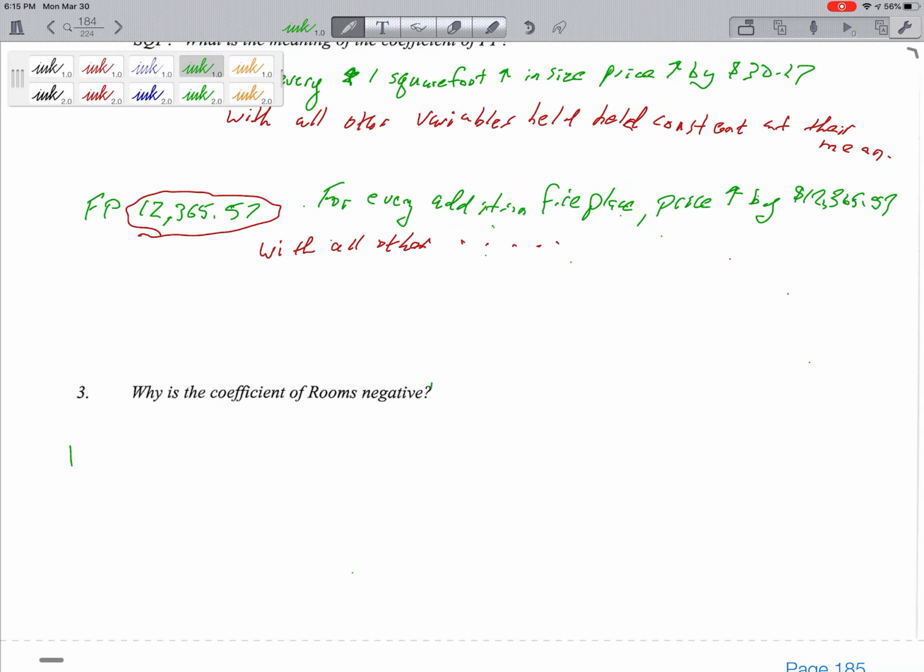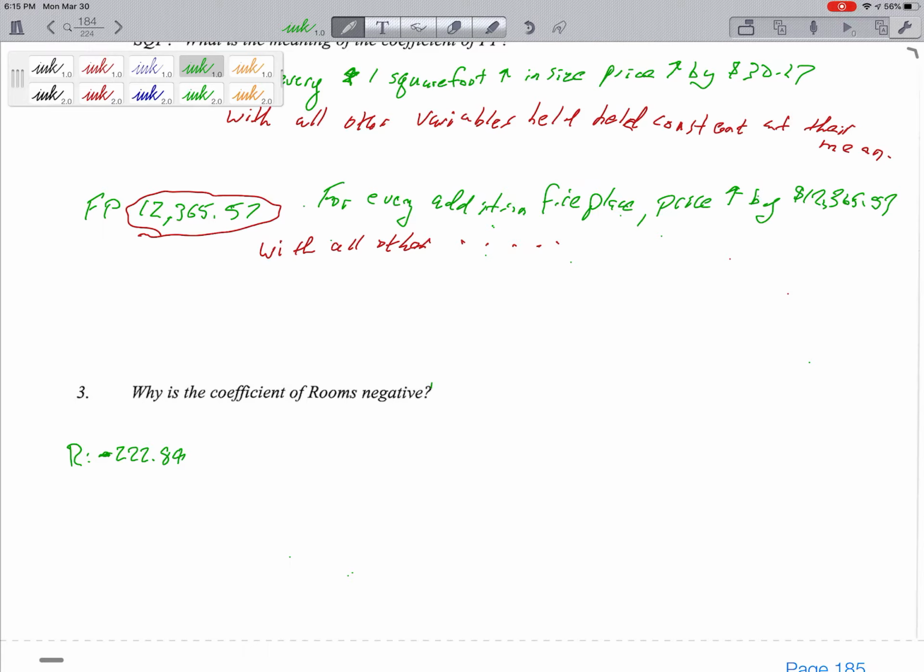If you take a look at the coefficient of rooms, it is minus $222.84. And the question is, why would it be negative? Wouldn't you expect that the more rooms that you have in the house, then the higher the listing price of the house?